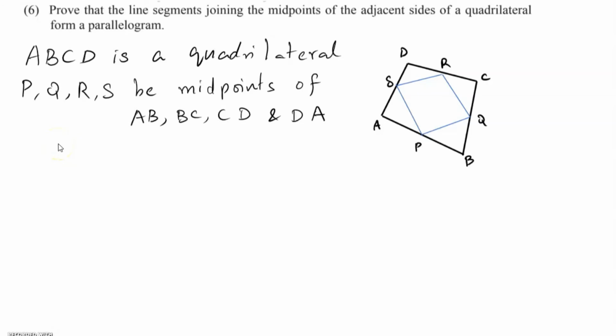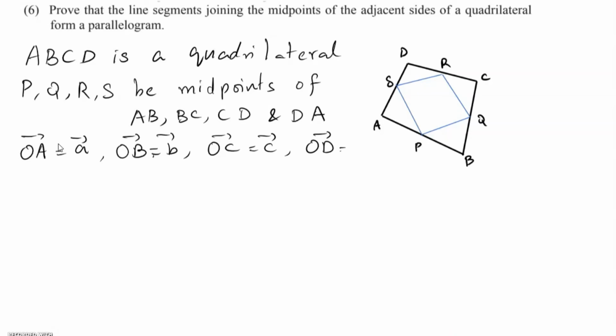Next, we can define the position vectors OA as vector A, OB as vector B, OC as vector C, and OD as vector D. Next, we can define our midpoint position vectors.